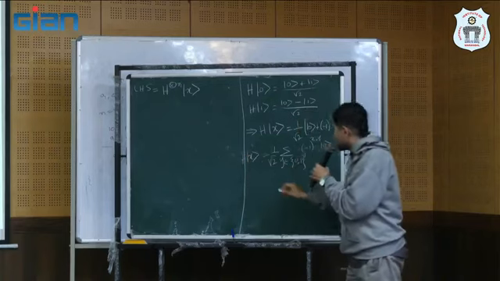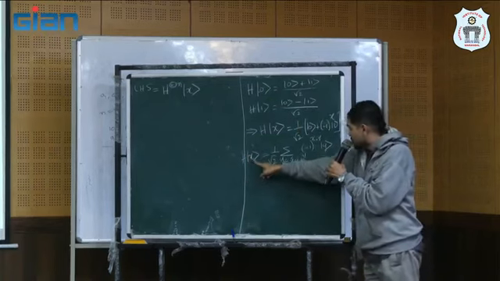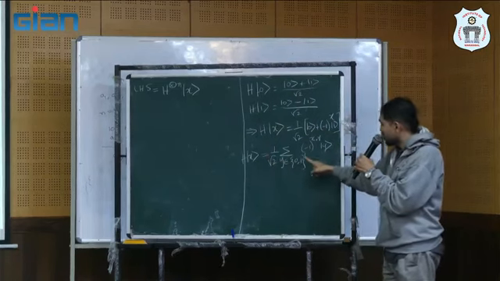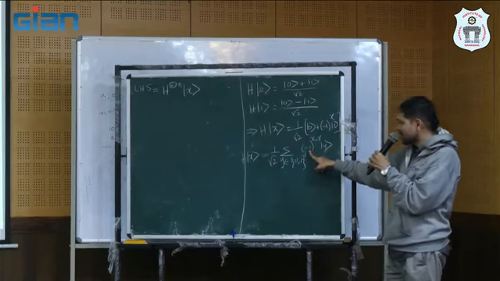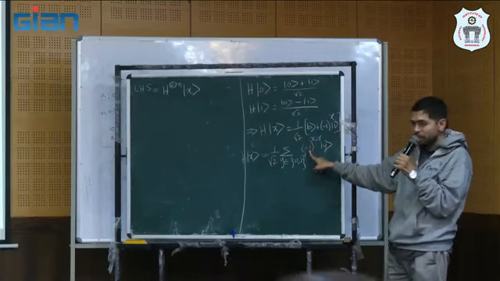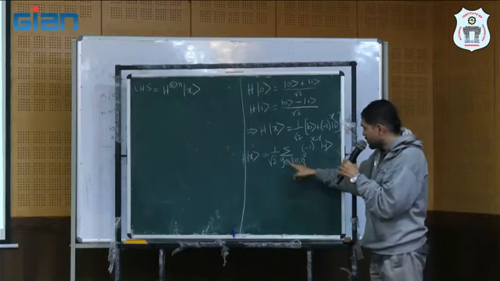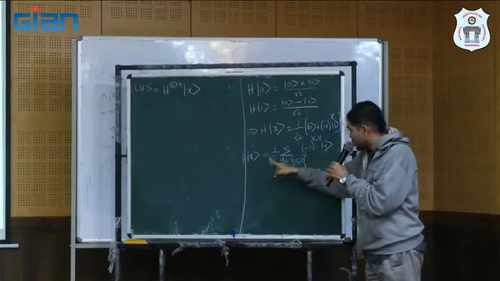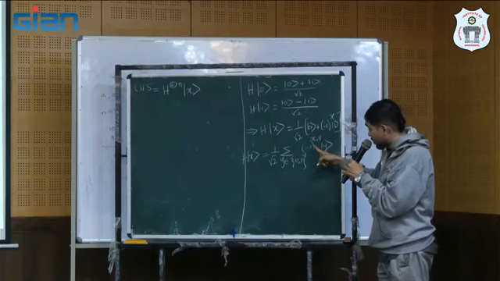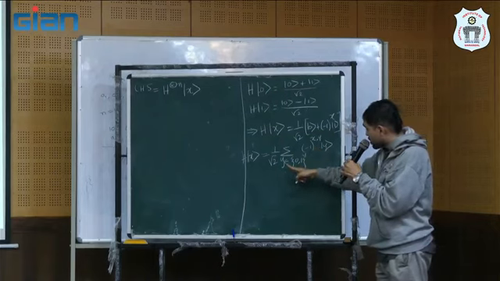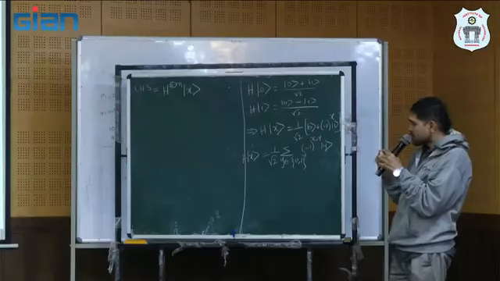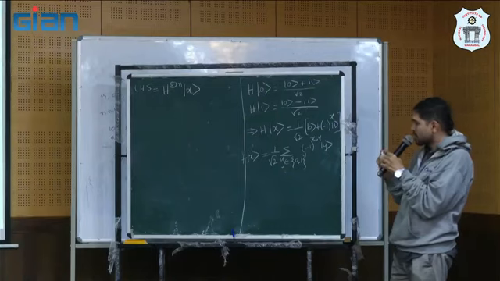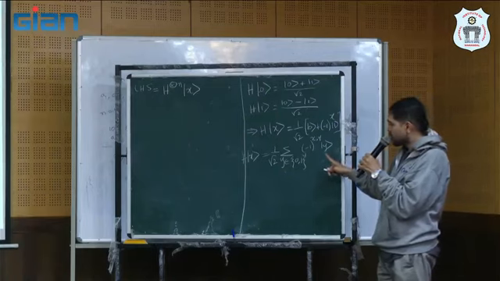So if this is 0, then it is minus 1 power 0, so it will be plus only, which is what we desire. And if this is h of 1, then we expect minus here. For h of ket 0, you consider both y equal to 0 and y equal to 1.